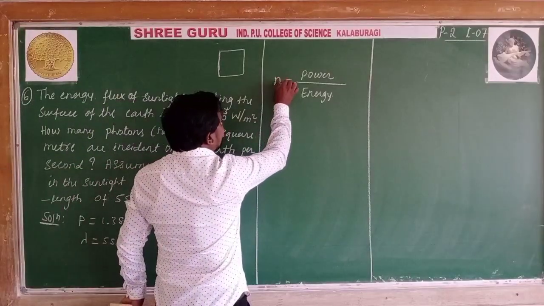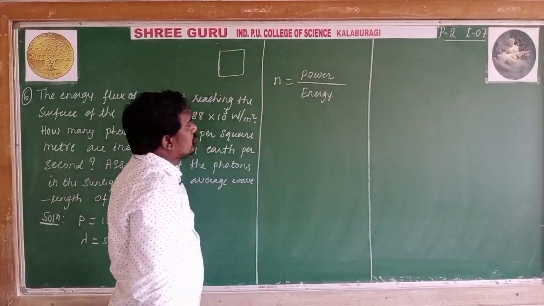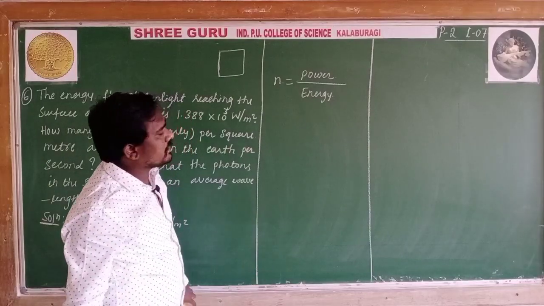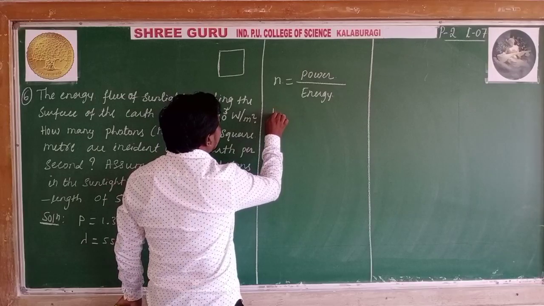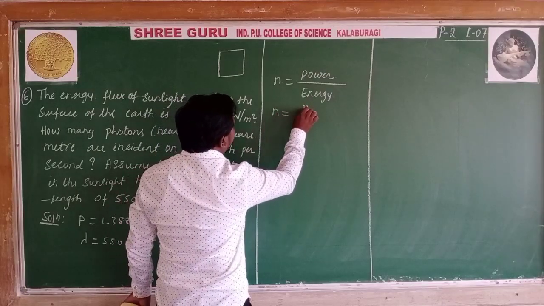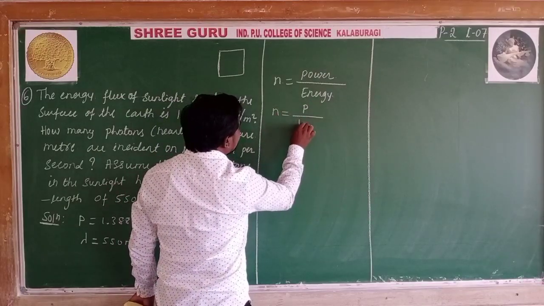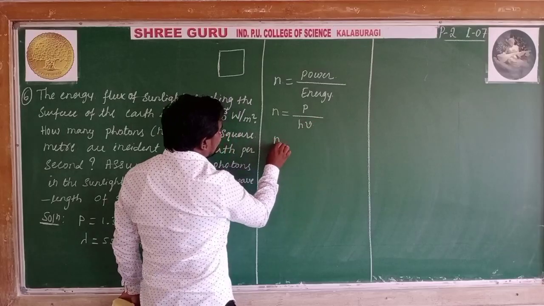Our formula is N is equal to power by particular energy. We can write N is equal to power P as it is, energy is h nu. Shall we write like this?